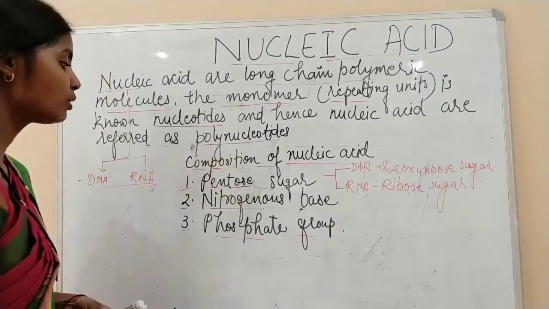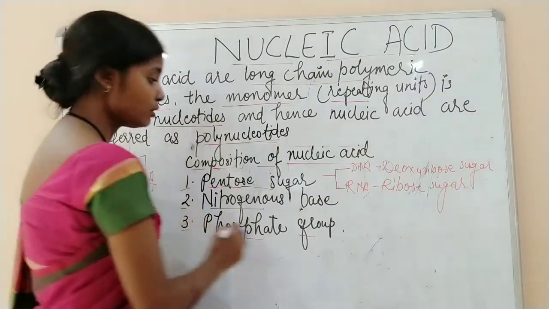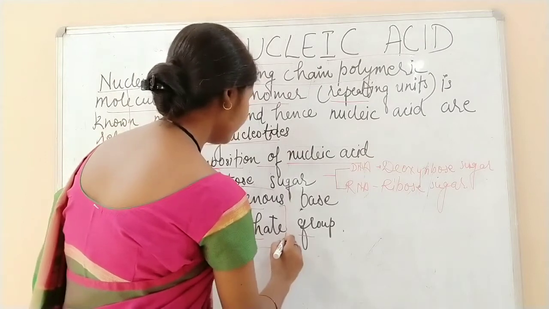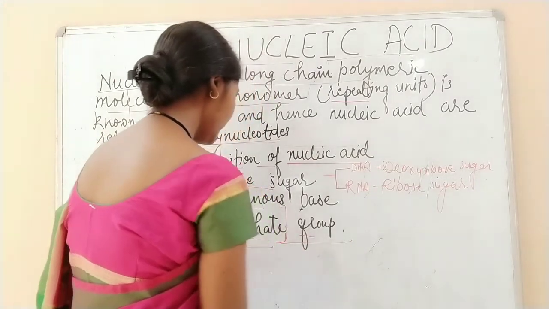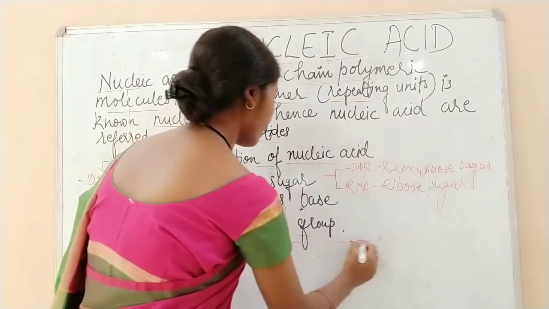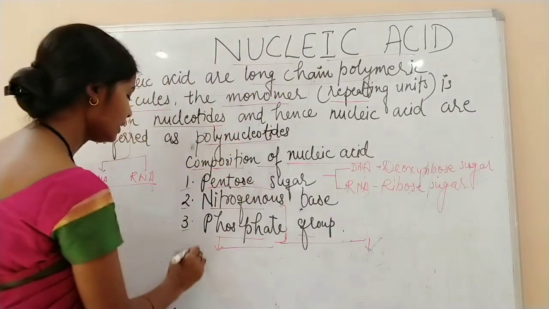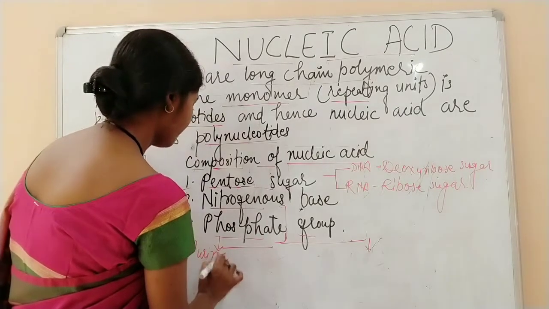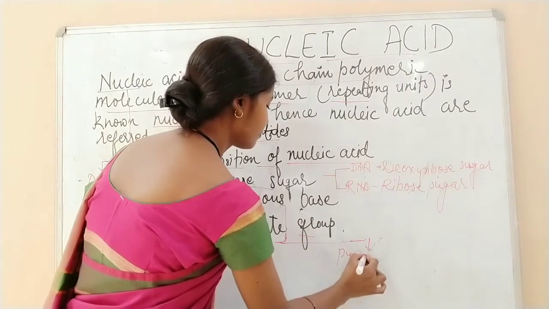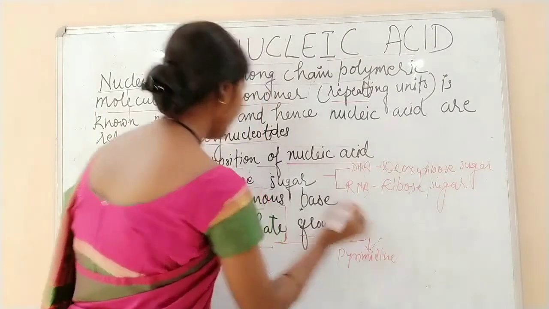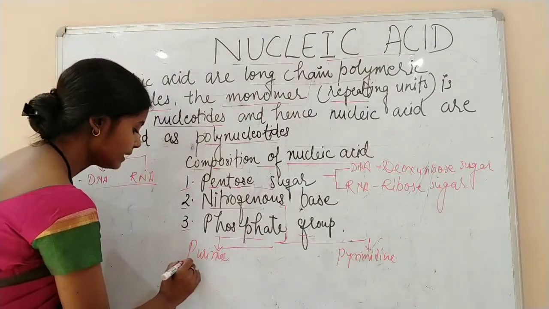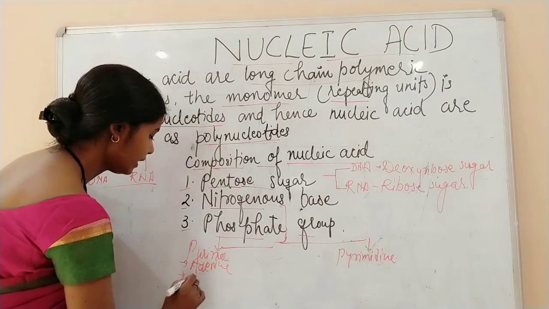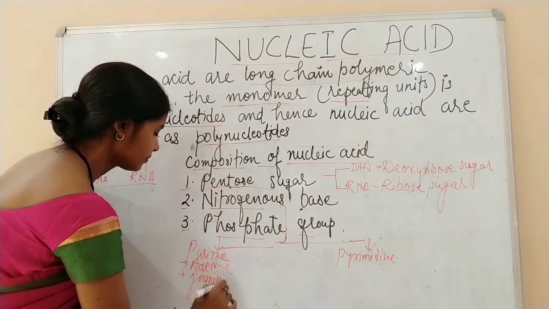Second is the nitrogenous base. Nitrogenous bases are also of two types, that is purine and pyrimidine. Purines are of two types, adenine and guanine.